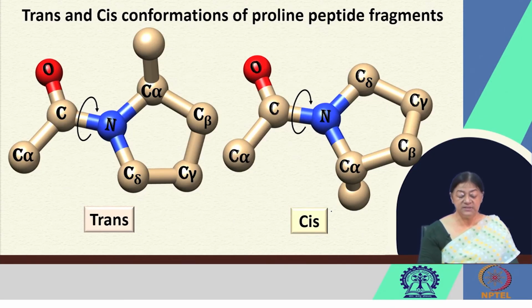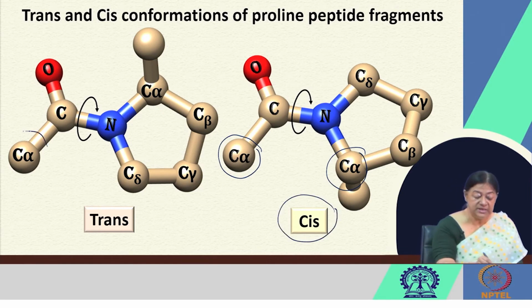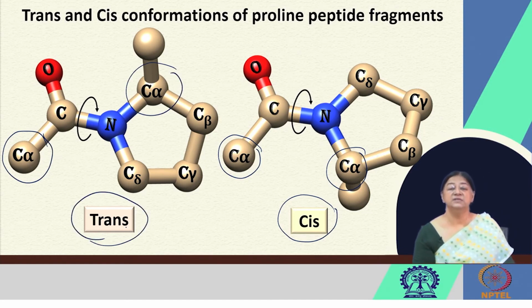So, this gives us some idea of the trans and the cis conformations. When we see the C alpha on the same side, we know it is a cis. When we see the C alpha on opposite sides, we know it is a trans. And this gives us a very important geometric characteristic of our peptide bond.